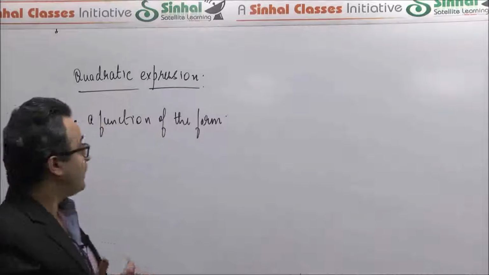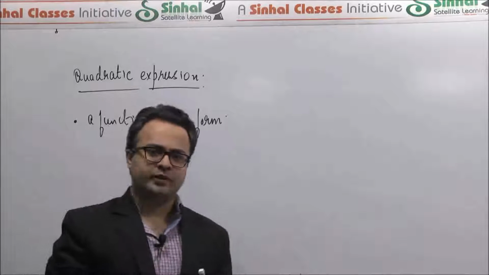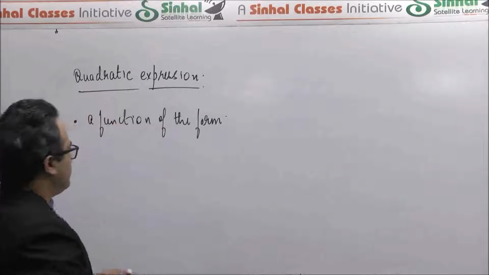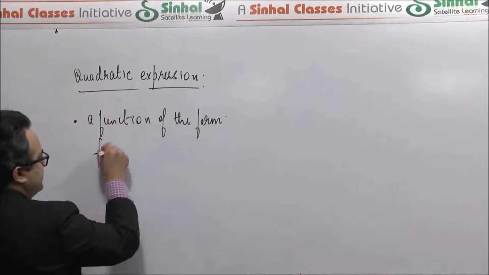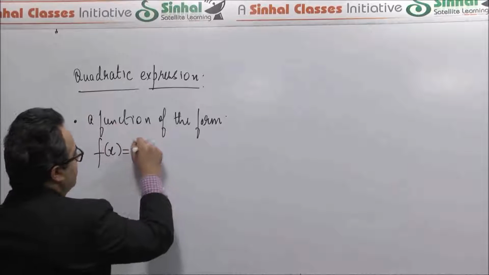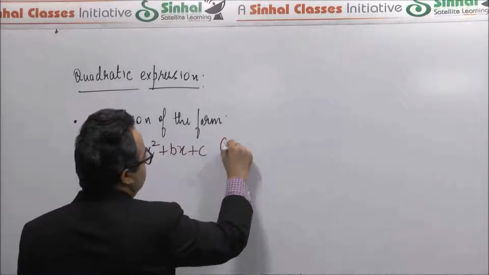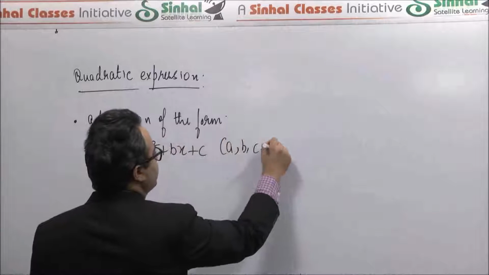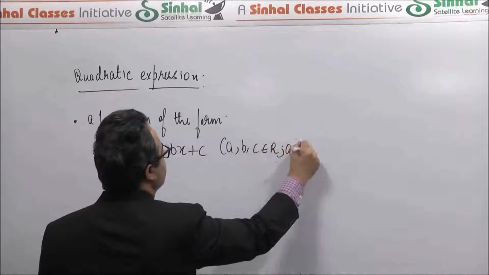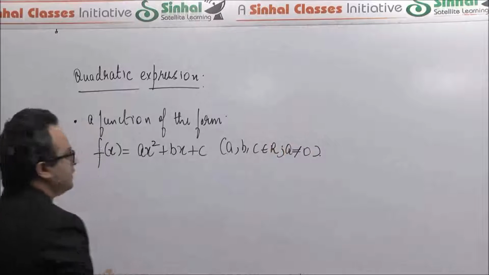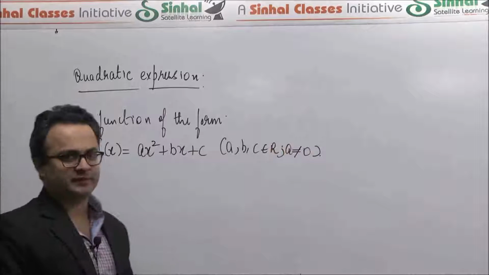A quadratic expression now basically becomes a polynomial function of degree 2. So a function of the form f of x equal to ax squared plus bx plus c, where a, b, c belong to the set of real numbers and a is not equal to 0, is a quadratic expression.